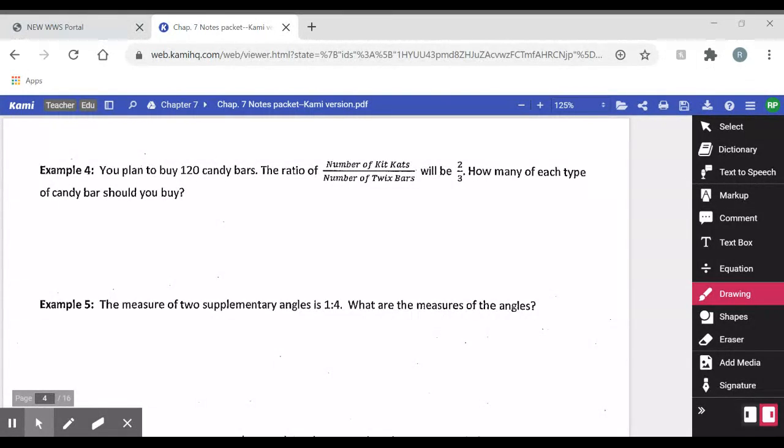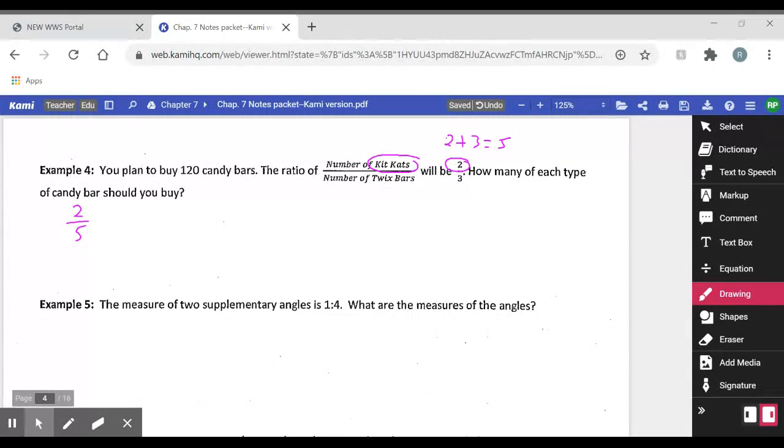One way to do it would be setting up a proportion, like we were just talking about. Okay, I could say that if I want to figure out how many, say, Kit Kats there are, since Kit Kats are right here and that's going with the 2, then I can say 2 out of the total number of candy bars, which is the 2 plus 3, which gives me 5.